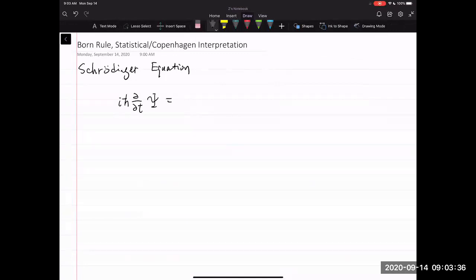It's equal to the other way to write down the Hamiltonian operator, which is by starting from the momentum. So this is the kinetic energy part, p squared over 2m. P is minus i h-bar del, and i squared gives us this minus sign. And then plus the potential energy part, V as a function of r. And this is equal to times the wave function again. So this is the Schrodinger equation.